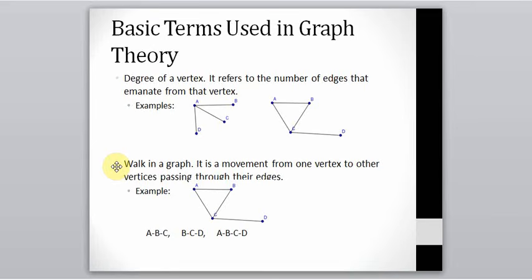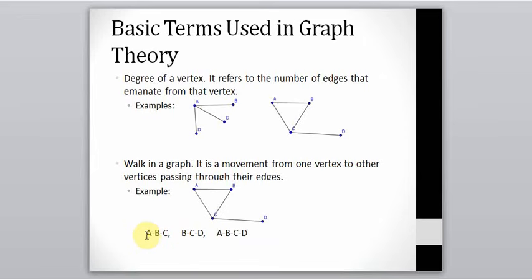So next is walking a graph. A walk is a movement from one vertex to other vertices passing through their edges. Example, for this graph, you have again 4 vertices and 4 edges. Out of this graph, I have some examples of a walk.